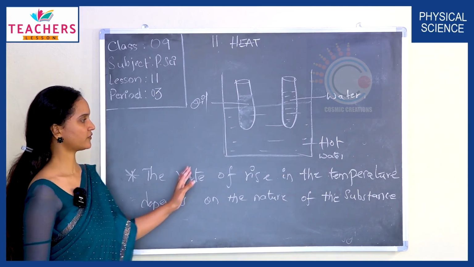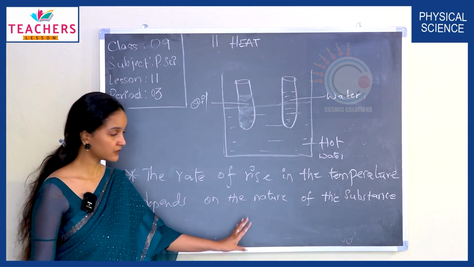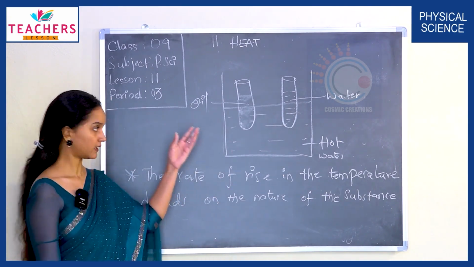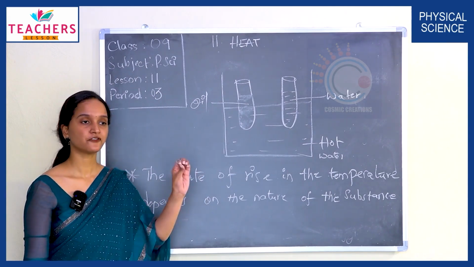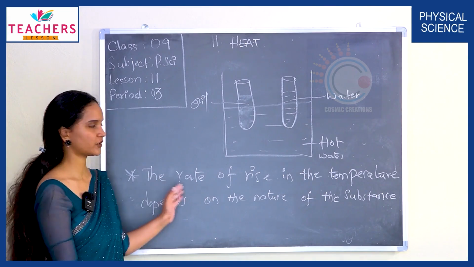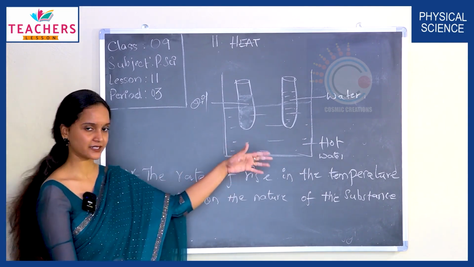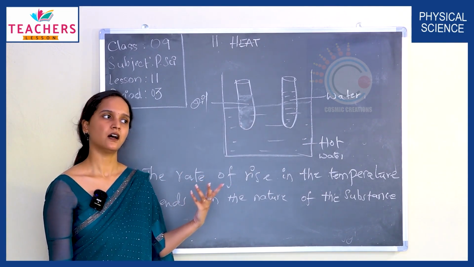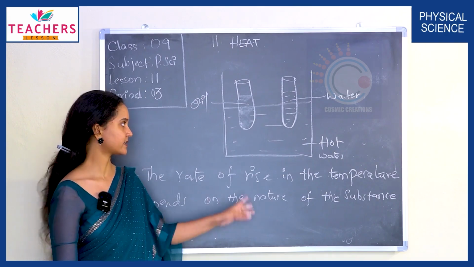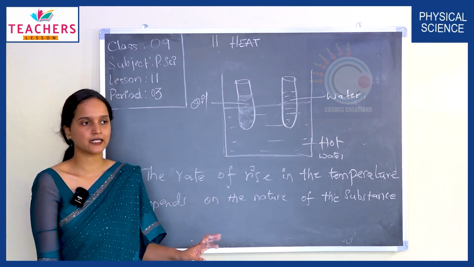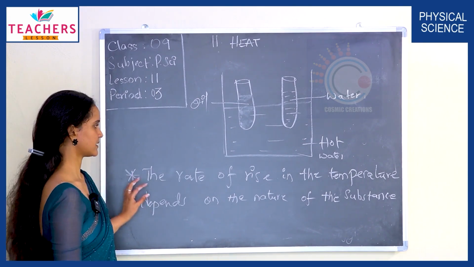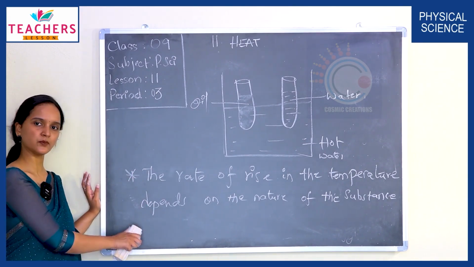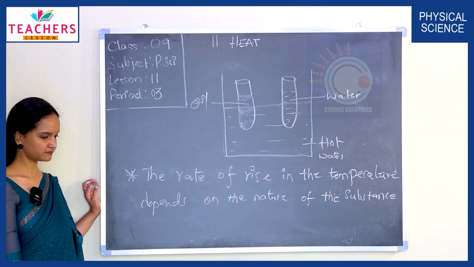So the rate of rise in the temperature depends on the nature of the substance. The nature of oil here is to get hotter, faster. For the same amount of time and for the same amount of heat supplied, oil gets heated a little faster compared to water. So that is the nature of that substance, right? Here, this is the important point to learn. Any questions? No, ma'am.